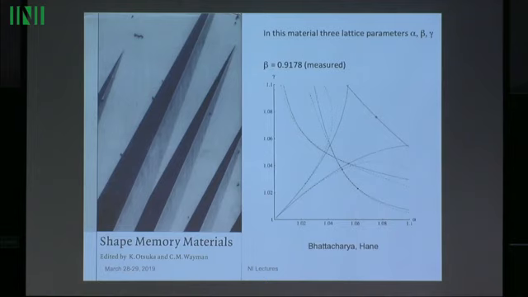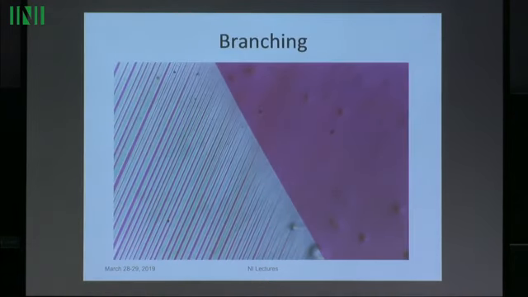There's a special choice of lattice parameters, and apparently the measured lattice parameters of this copper, aluminum, nickel alloy are close enough that this can be considered on that line, and we see this microstructure all the time. But it gives you the idea that, now wait a minute, I can start tuning the lattice parameters of this material to make conditions of compatibility satisfied. So that's going to be a theme going forward.